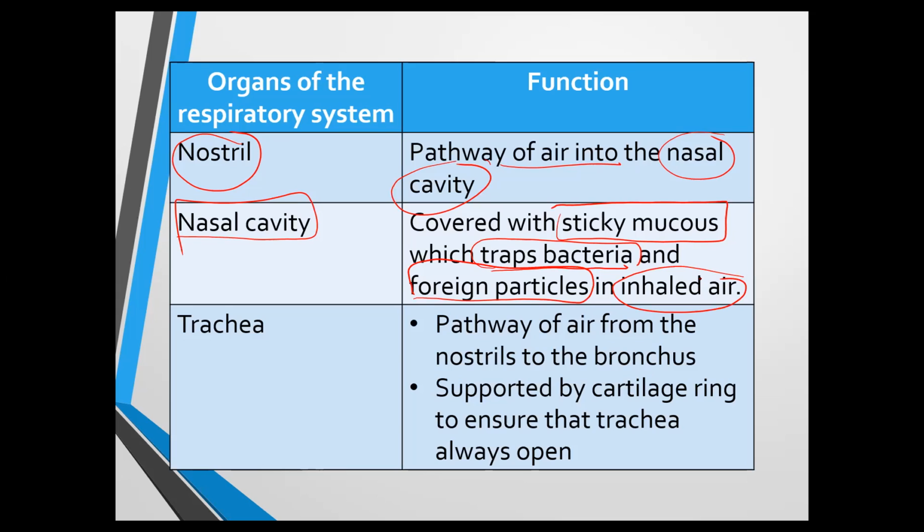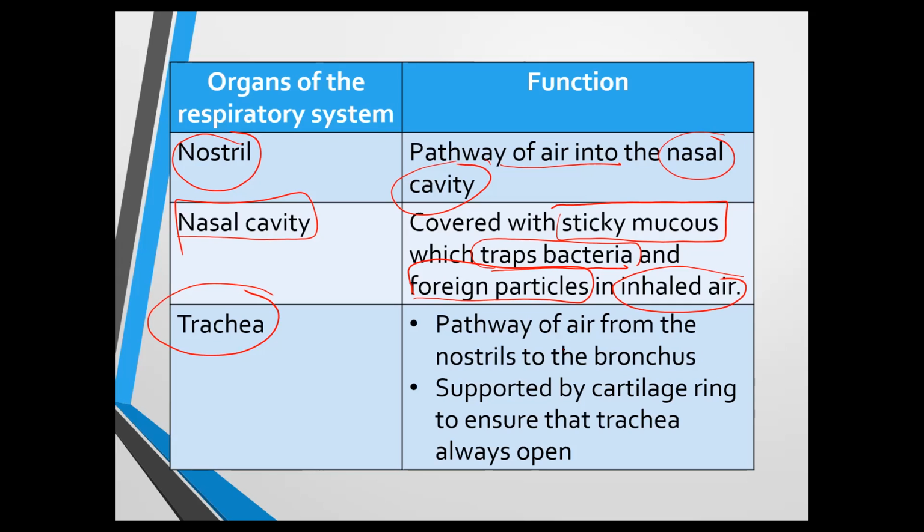Now let's go to our trachea. All of you, just touch your throat area. Can you feel cartilages, like rings around your throat? Yes, teacher. What is the trachea therefore?